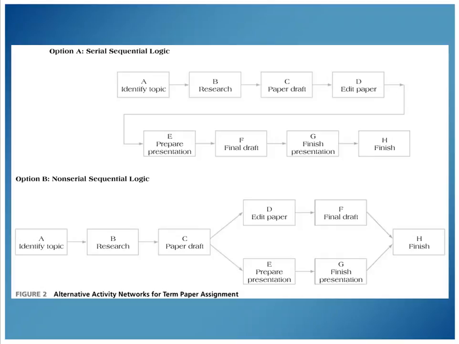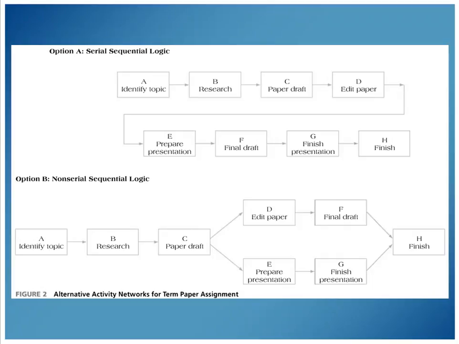That first example there is called serial sequential because each item happens one after the other. And truth be told, once you are editing the paper and making your final draft of the paper, those steps are independent of creating your presentation and finalizing your presentation in PowerPoint or whatever presentation tool you're using.